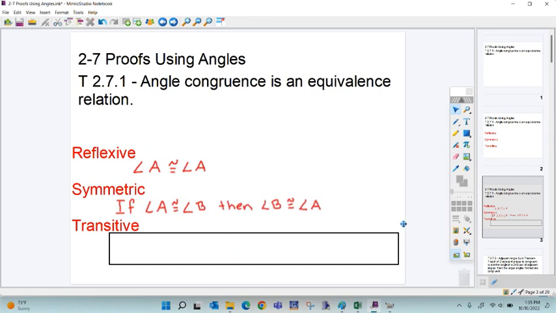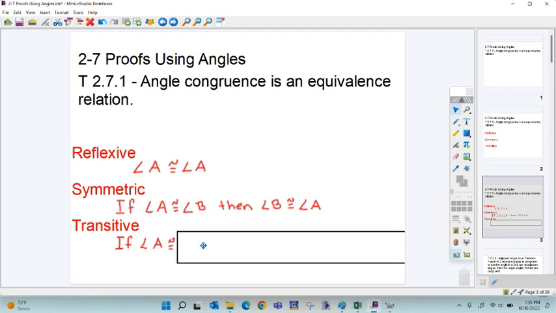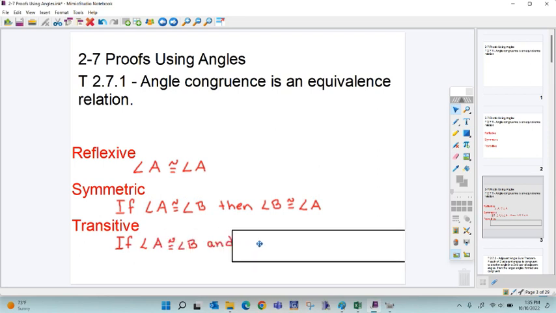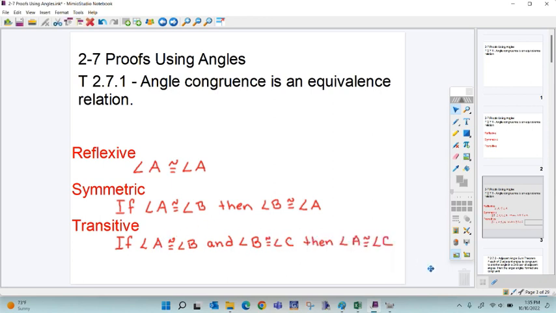Reflexive in geometry is going to end up being one of the ones that's very frequently used. Symmetric sometimes. Transitive is also going to be used a lot as an equivalence relation. What it means is that if you have two things that are congruent to the same thing, for example, A is congruent to B, C is also congruent to B, that would mean that they have to also be congruent to each other.